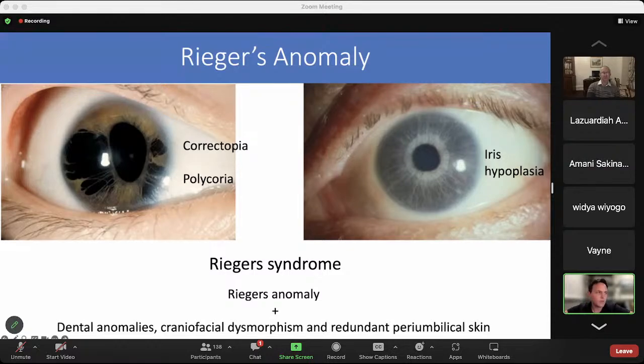And Rieger's anomaly can be associated with other systemic conditions, including dental changes, craniofacial changes, and redundant umbilical skin. And we call that combination of findings Rieger's syndrome.